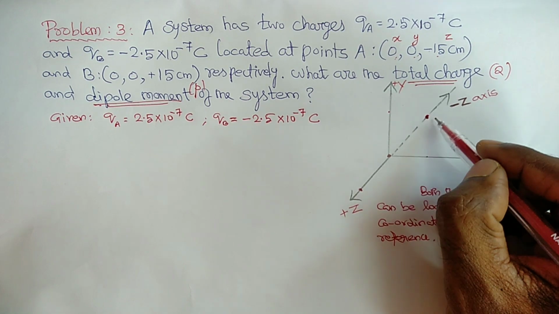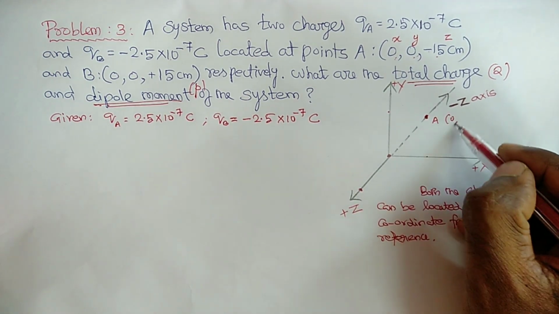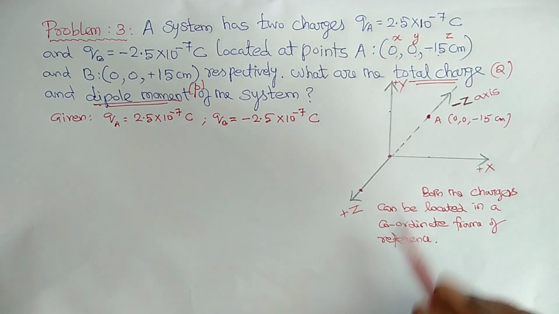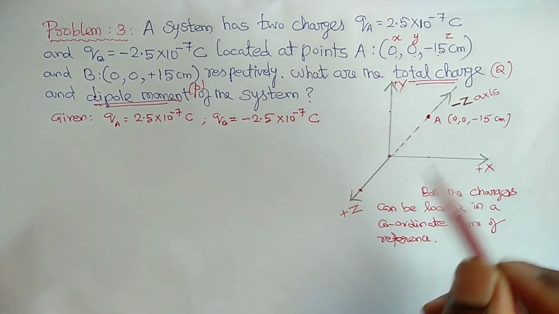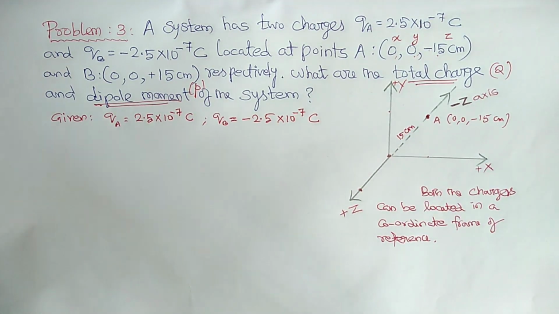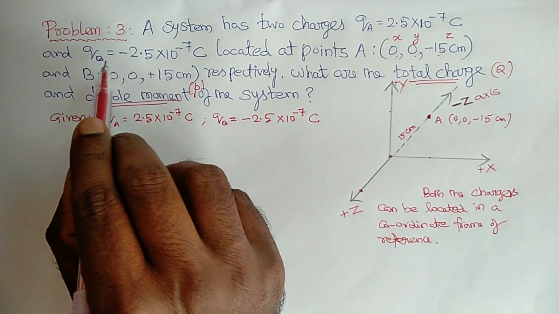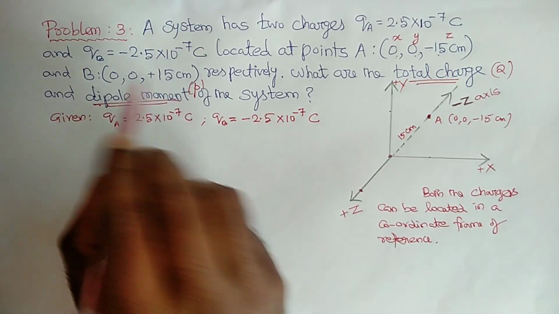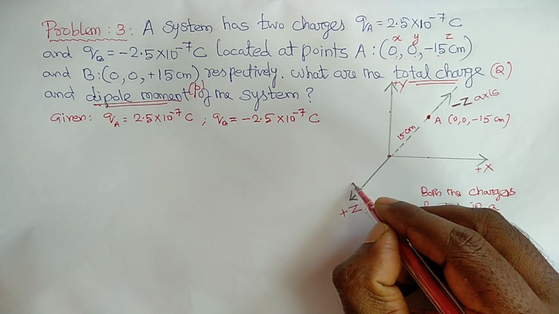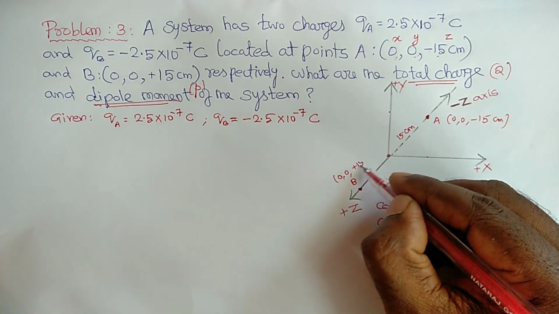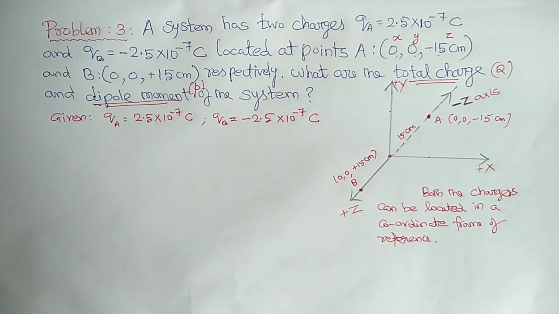Let us consider the point A here, 0, 0, minus 15 centimeter. So QA is located here at a distance of 15 centimeter. Similarly, we will consider QB, which is located at 0, 0 and plus 15 centimeters. So here is point B, 0, 0, plus 15 centimeter.